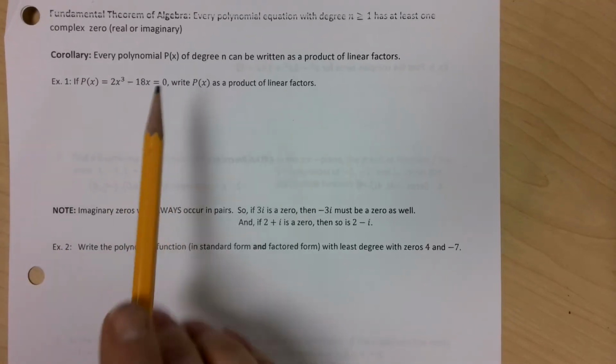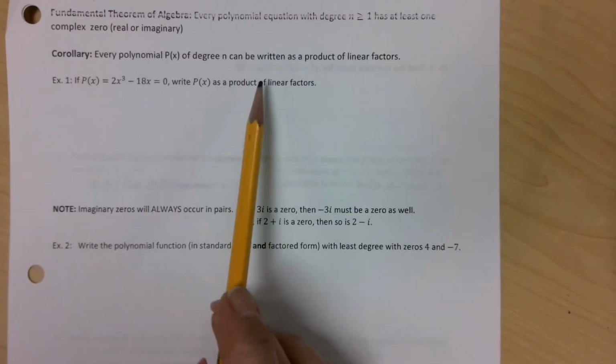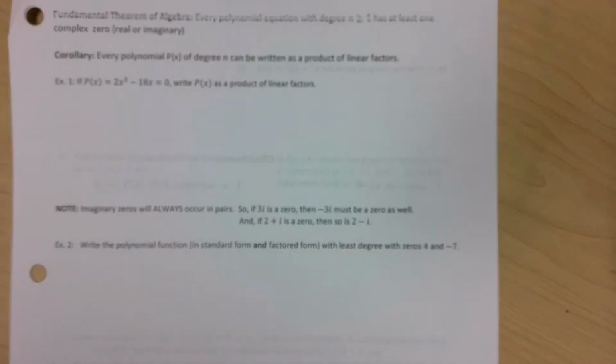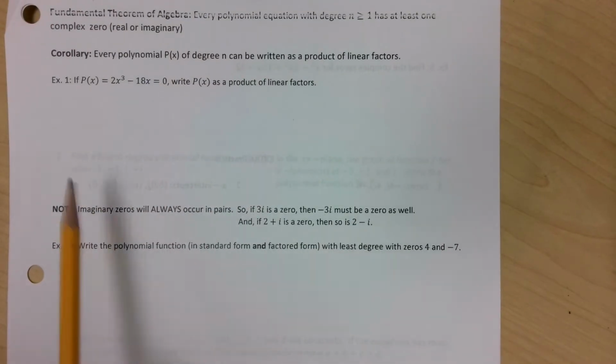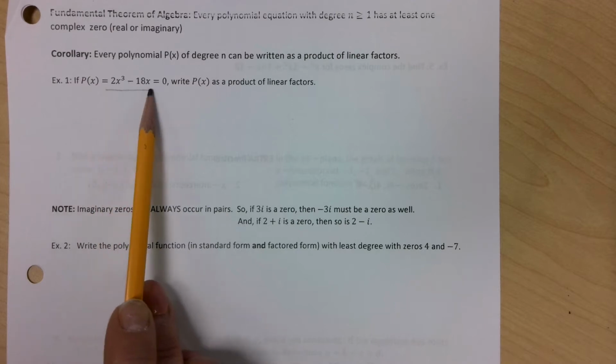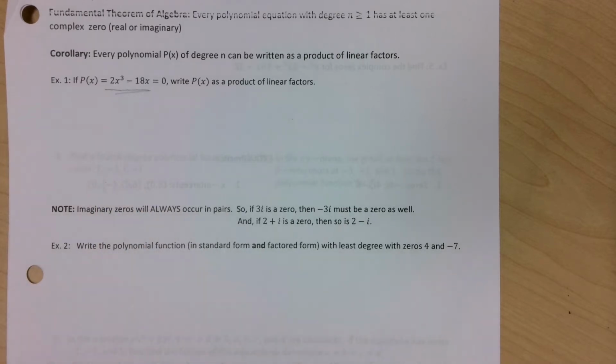So every polynomial, first, we need to know, can be written as a product of linear factors. So if we have this polynomial here, we can either factor it or we can grab our calculator and find out what our solutions are to write our factors.